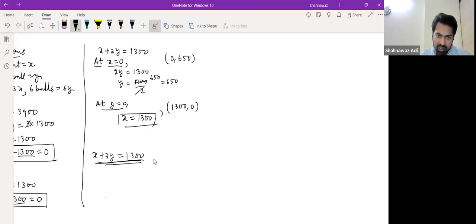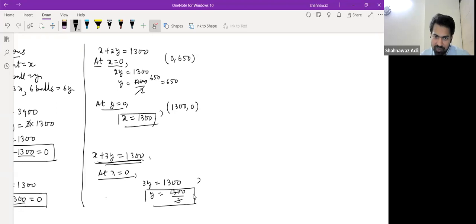And let us find the points for the other equation. At x equals 0, we have 3y equals 1300, so y would be 1300 by 3, which is about 433. So the point would be 0, 433.